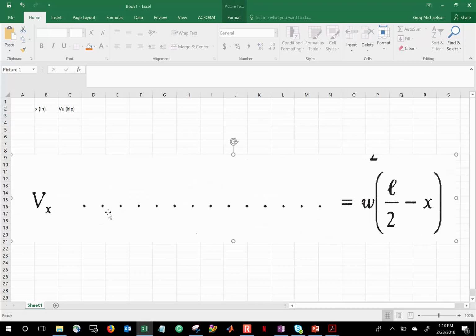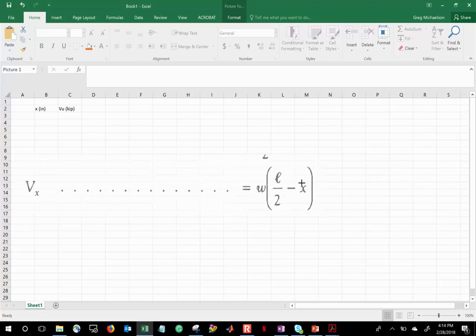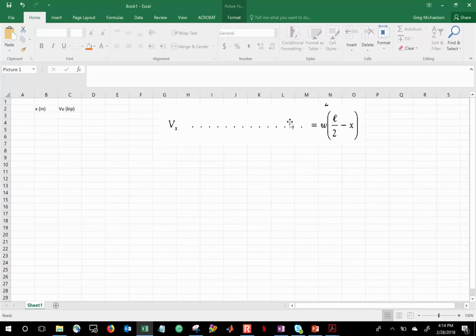Let's squinch that down a little bit. Here we go. So that's the equation that we're going to use. So this beam is 24 feet long. So L is 24 feet, or what is 24 times 12? It's 288 inches. Okay, I got to make sure I'm consistent with my units, so let's make sure that everything is in inches. Okay, so let's plot this out.